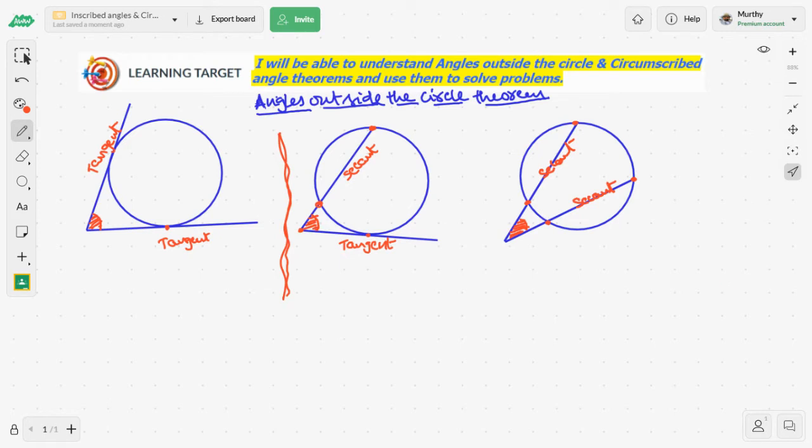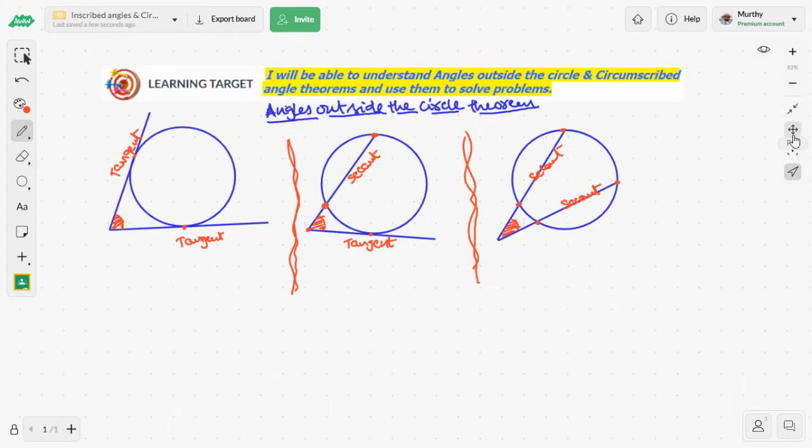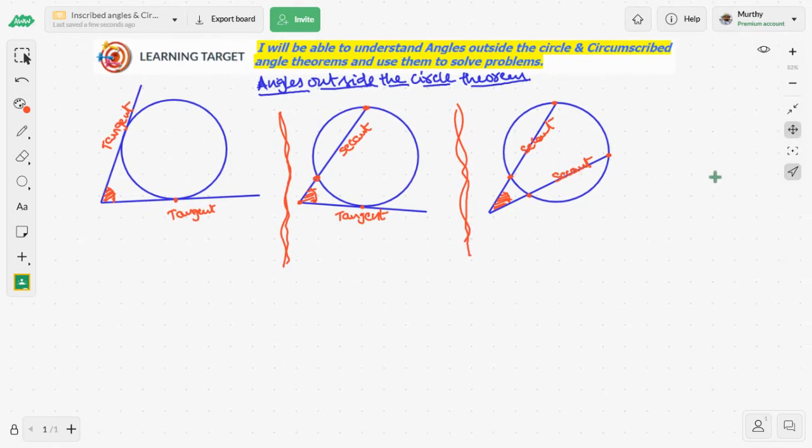Now, how to figure out the value of the angle which is formed outside the circle? For all these three, the rule is the same. If you want, I'll give you three different rules, but for all these three, the rule is the same.